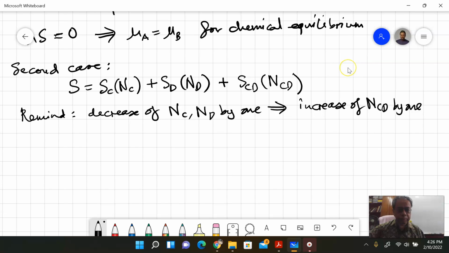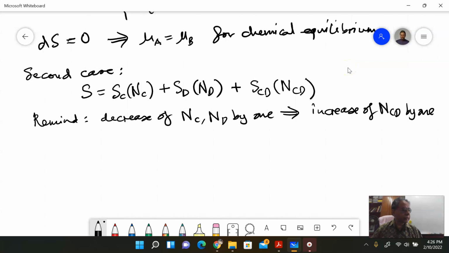So we have to impose the conditions that we have seen before. Let's consider the change in entropy now.